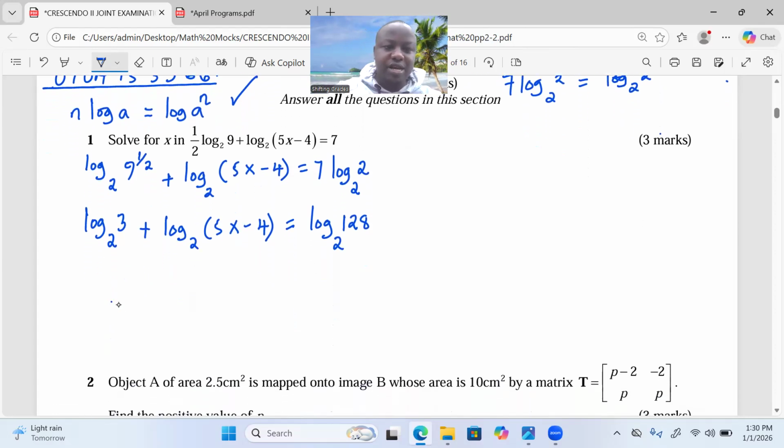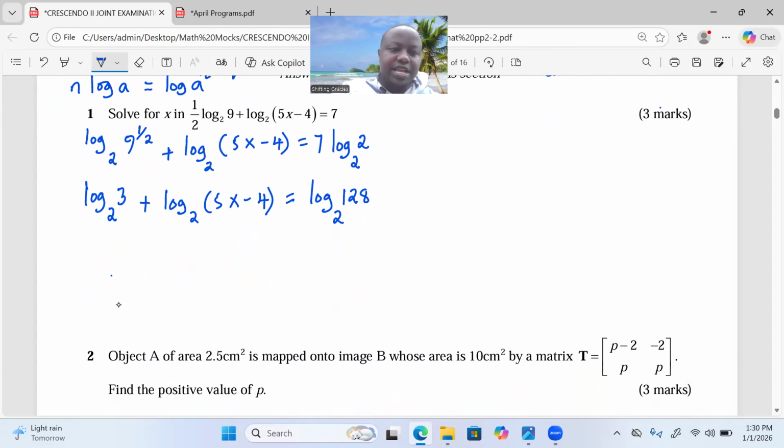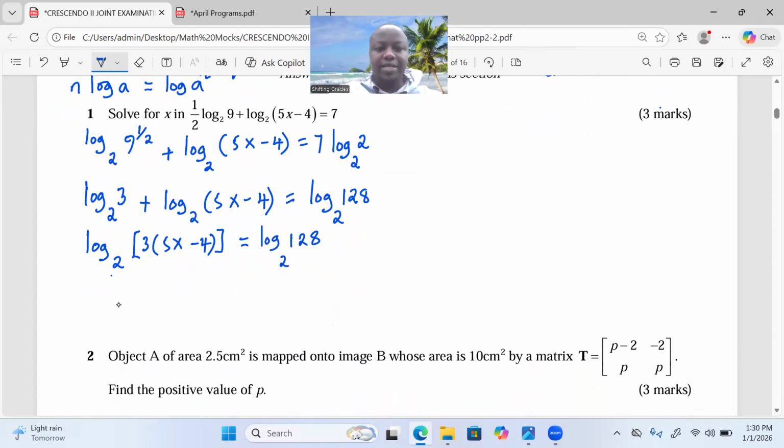Therefore, applying that on the left-hand side, we shall have the log to base 2 of 3 multiplied by 5x minus 4, which is equal to the log to base 2 of 128, like that.